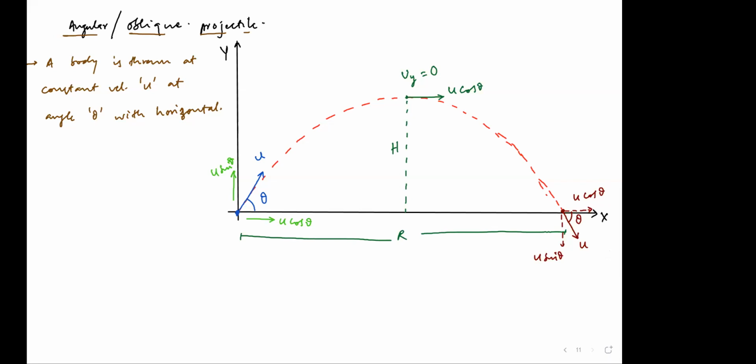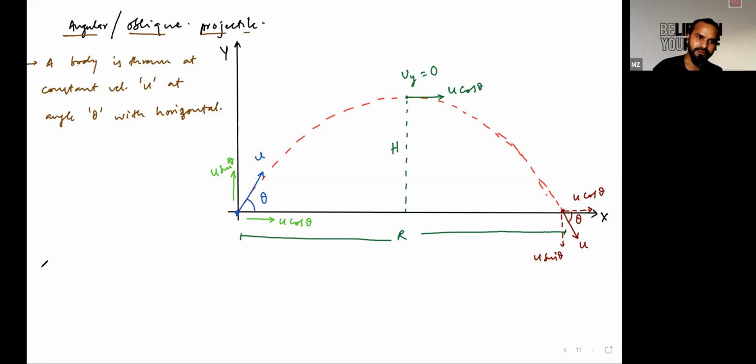Yes, sir. Now we have two different components. First, the initial velocity on projection. One is along the x-axis, so it will have the i component, and the second component is going vertically upward, so it will be the j component.